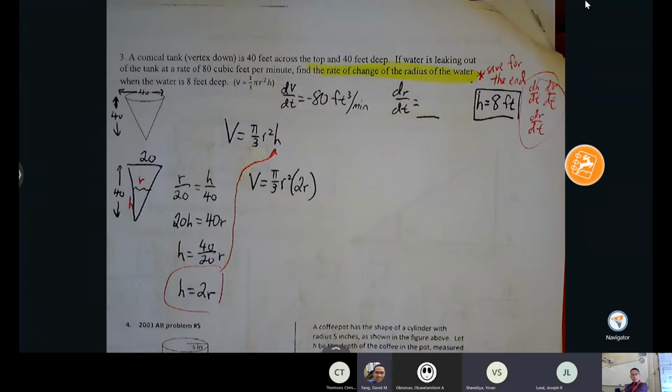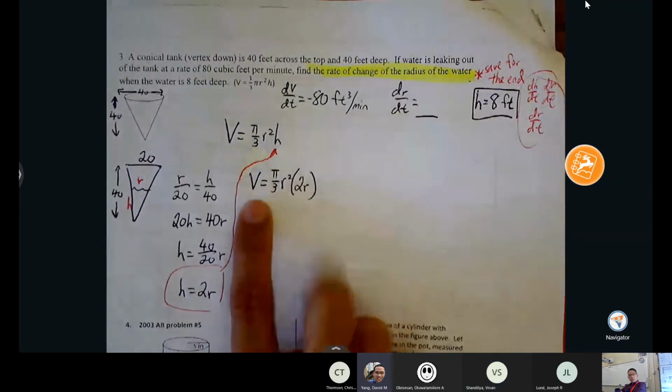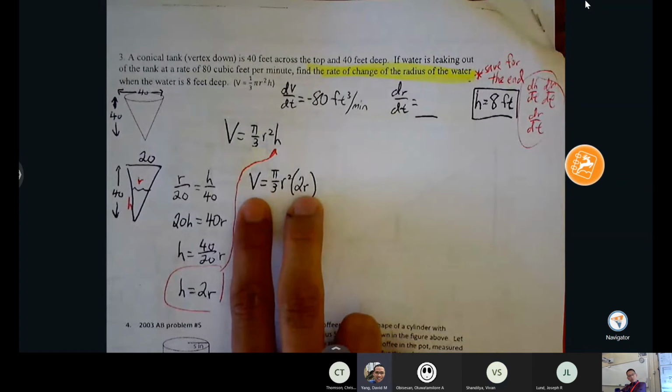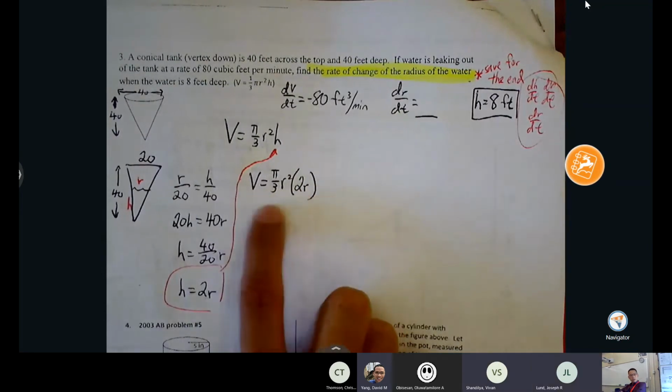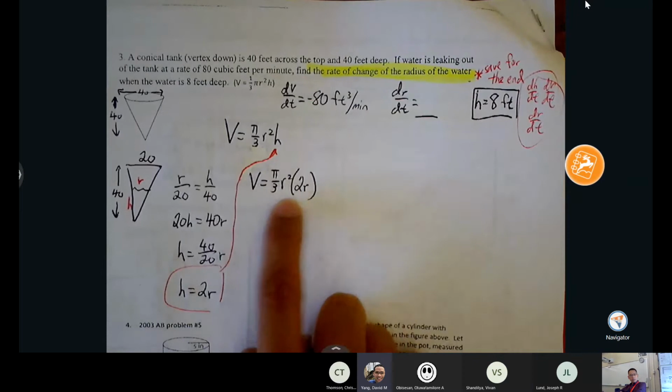Could we plug in the rate? Plug in the rate. What do you mean? Negative 80 feet, so dv over dt. Well, we don't have dv/dt yet. Are you talking about finding the derivative? Oh no, my bad. That's too early. Yeah. So there's something that we want to do on the right side.